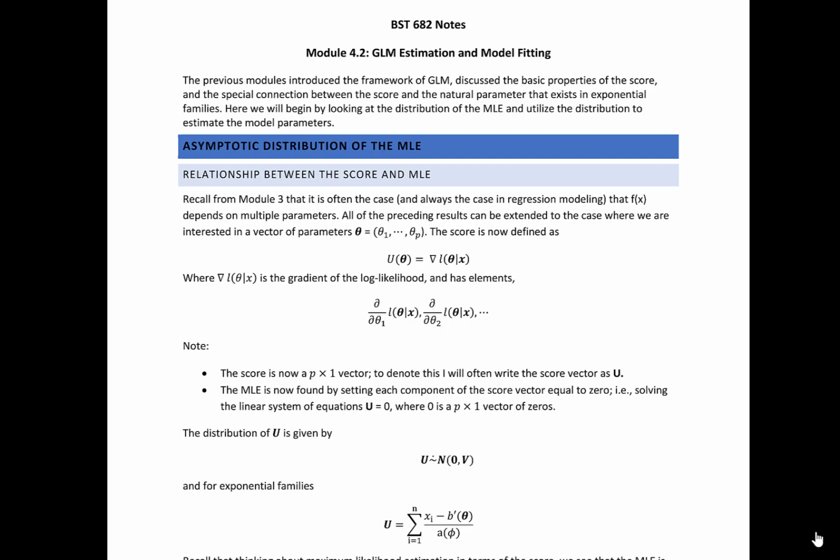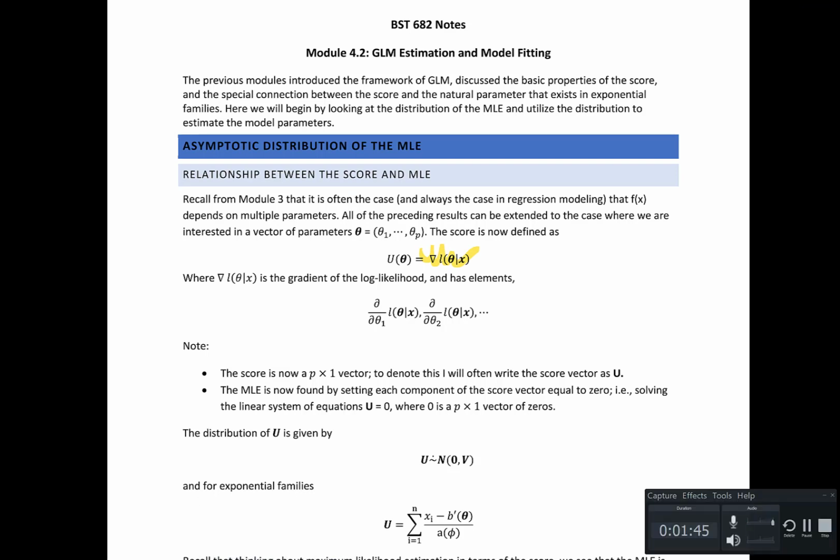And so we can now extend our definition of the score. The score is still going to be a function of theta, but now instead of looking at a single derivative, we're going to take the derivative with respect to a vector. That's why you see the gradient notation here, because when you have the gradient notation, that just means you're going to take the derivative of the vector.